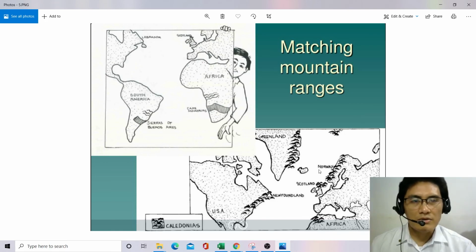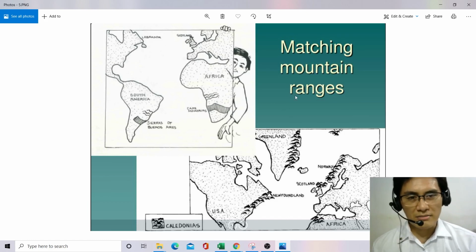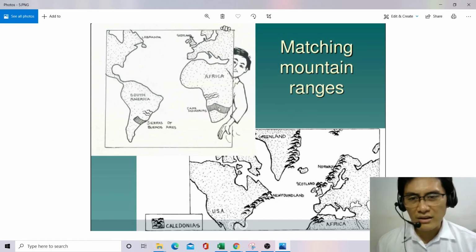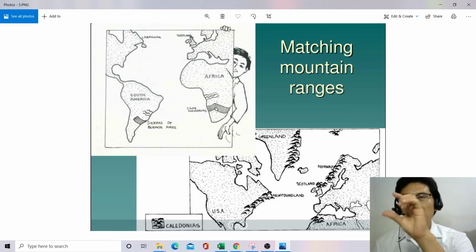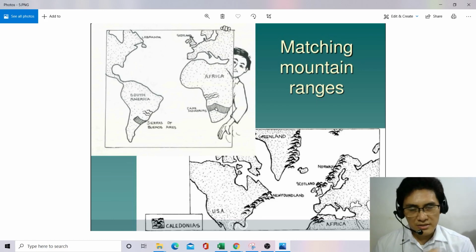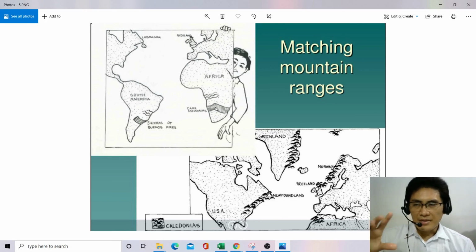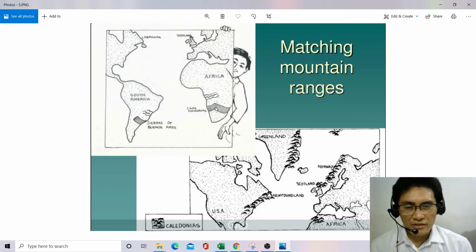Obviously in this slide, the only example is matching mountain ranges, but again, rock layers, even the composition of layers, even the type of sediments in the rock layers. Again, we call that the fingerprint. It's like a geological fingerprint.